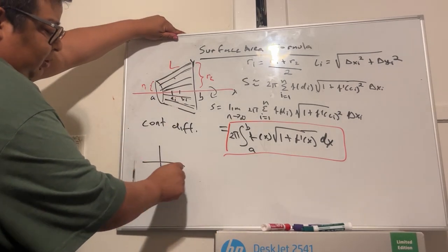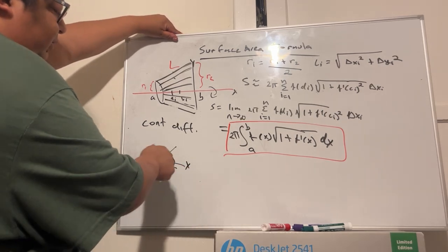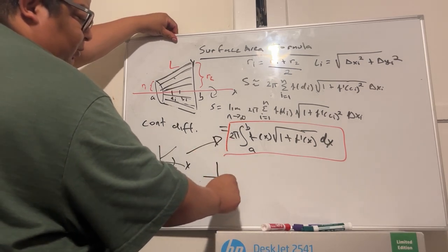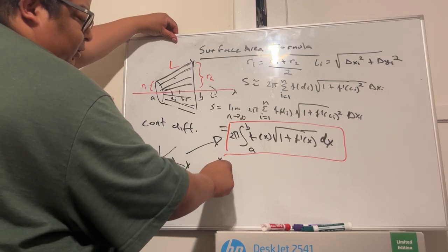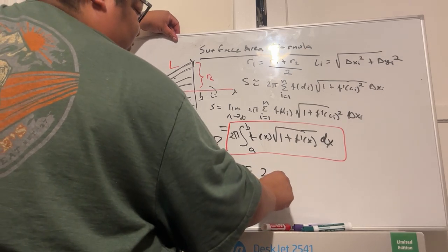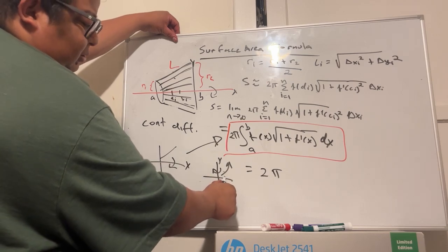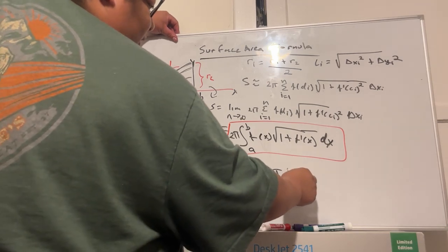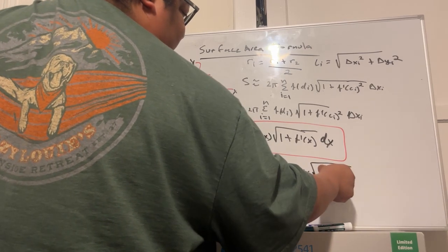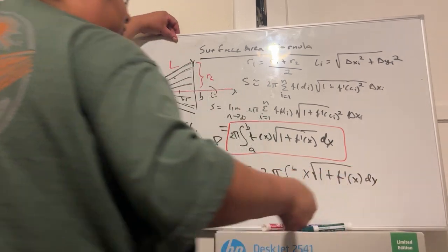But remember, this only works if the function is revolved around the x-axis. So this one here. But if we're revolving about the y-axis, then this is equal to 2 pi, because from here to here is x. So 2 pi times the integral from a to b of x times the square root of 1 plus f prime of x squared dx.